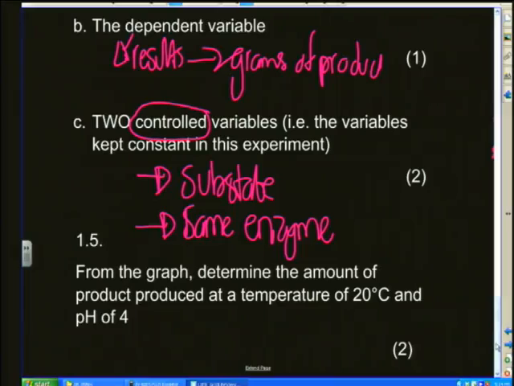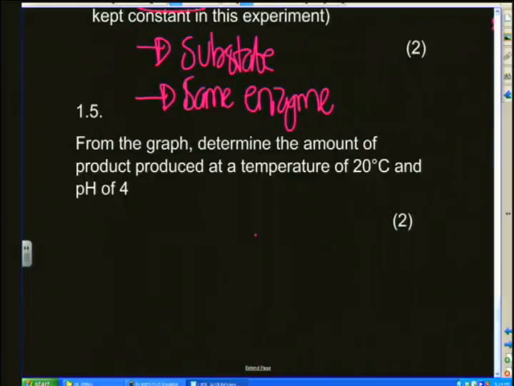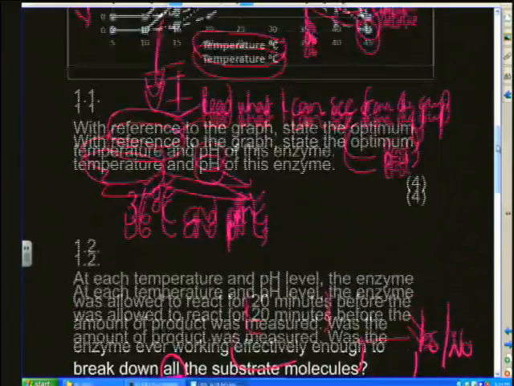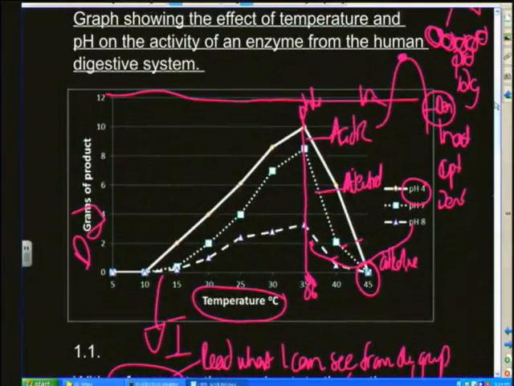Last question on this point, from the graph. They're asking you, go to the graph again, determine the amount of product produced at a temperature of 20 and a pH of 4. You go to your graph, you use your ruler. Here's my pH, here's my temperature.